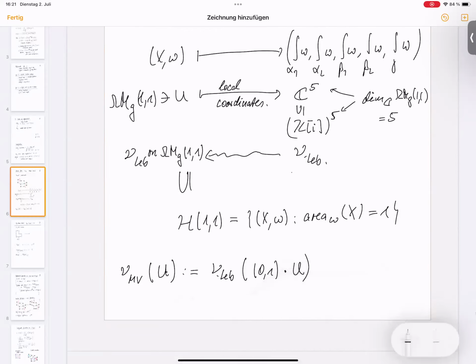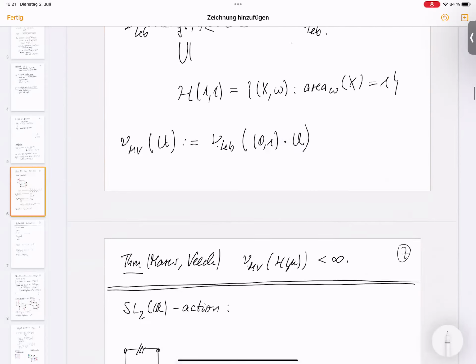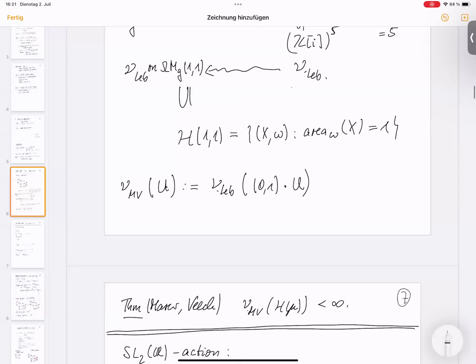I wrote here one version of the disintegration, and the Möller-Veech volume form, as I said, is the corresponding finite measure on this strata of area 1 hypersurfaces. This H is not a very great notation. It's usually an abbreviation for holomorphic, because people thought about holomorphic abelian differentials.